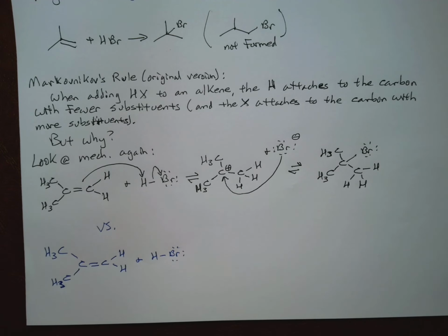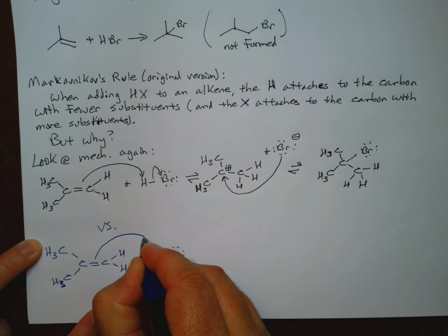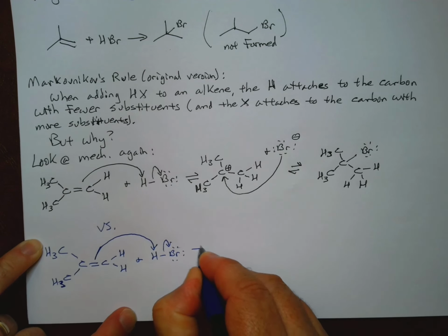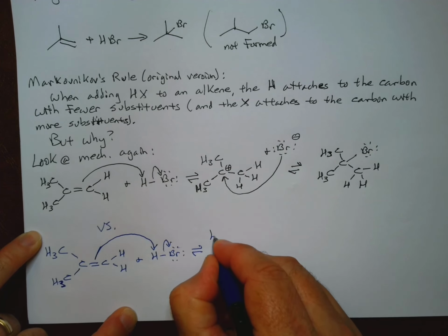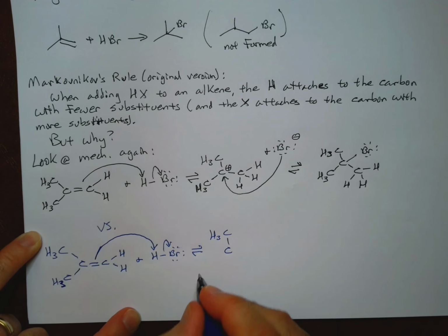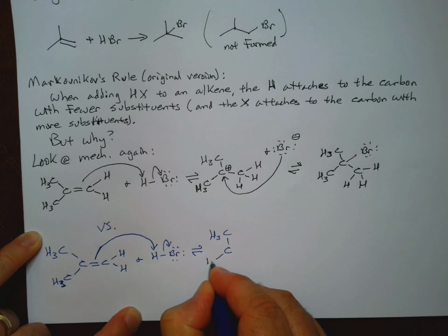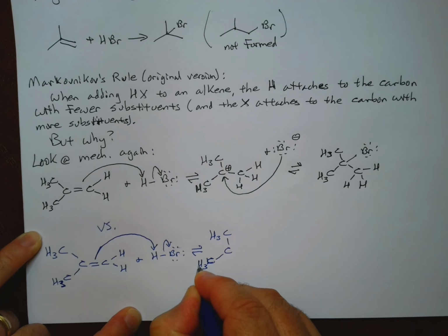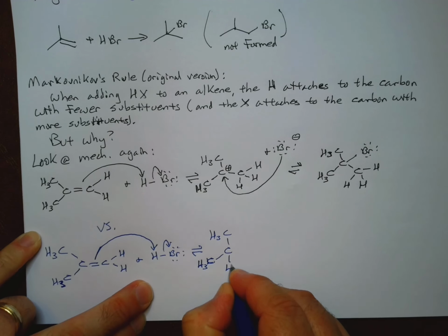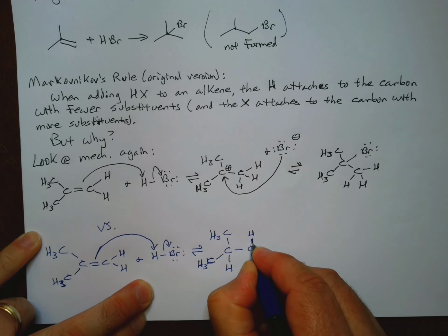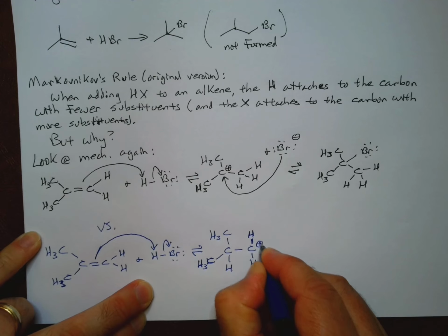So let's try to come up with a mechanism so that we get the other product. The first step is going to look the same. It's going to be drawn the same, except now let's do this: CH3, we'll put the hydrogen there, and then CH, positive charge.